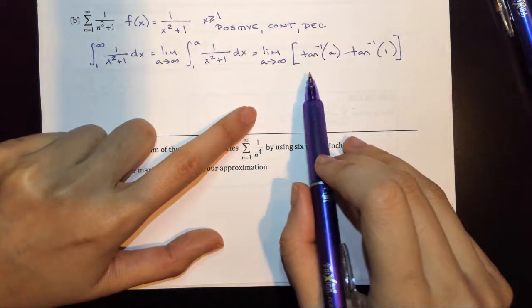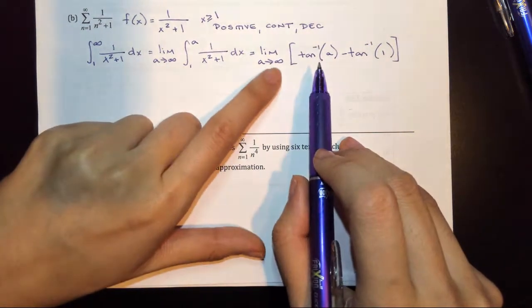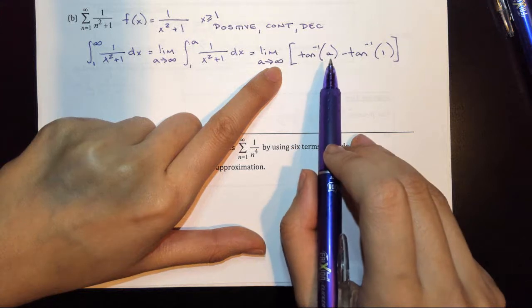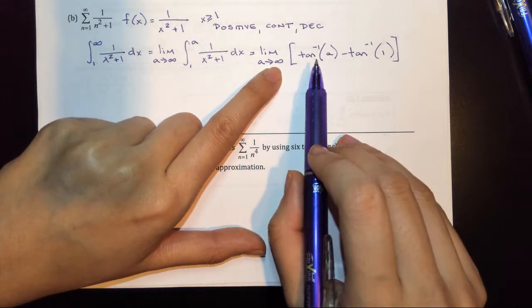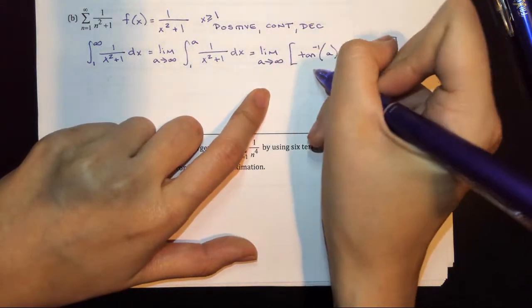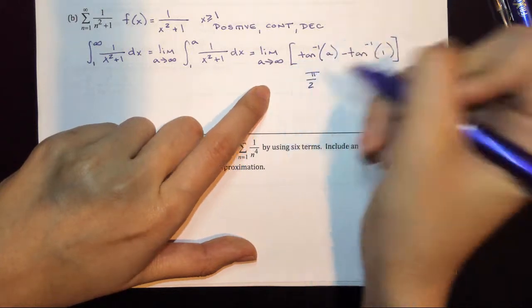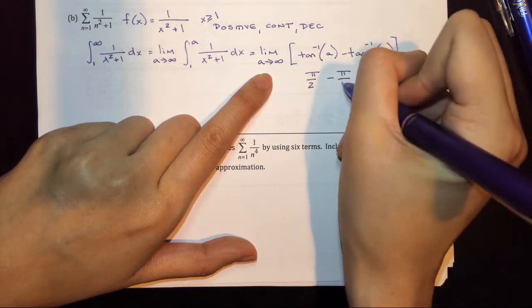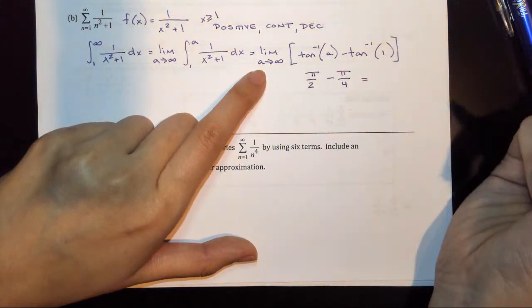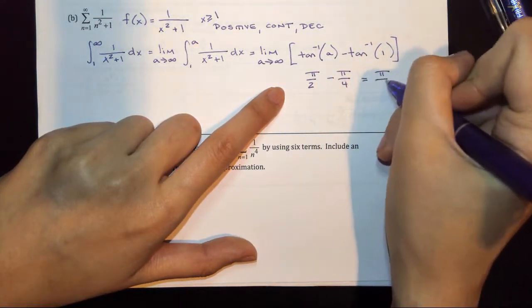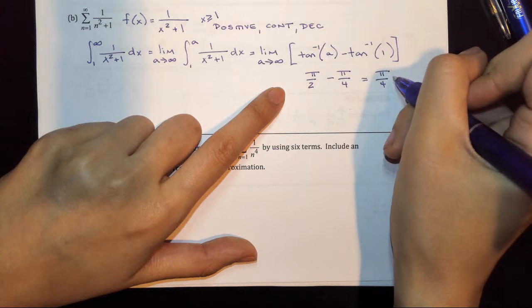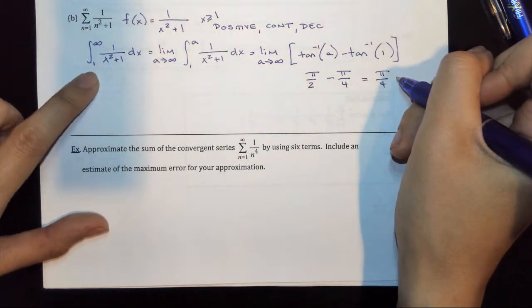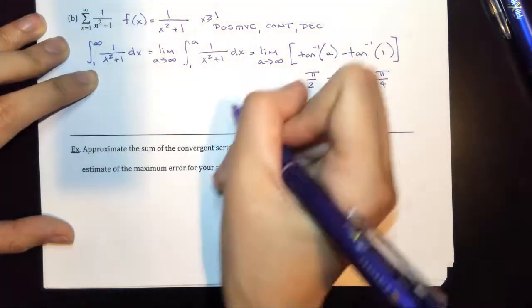All right, we've talked about this many times in class before, but if you plug infinity into inverse tangent, it will approach pi over 2. And inverse tangent of 1 is pi over 4. So this limit will equal pi over 4. And so this integral converged to pi over 4.